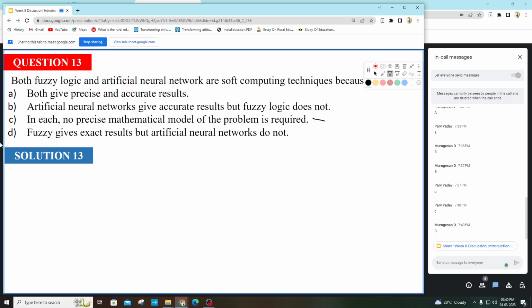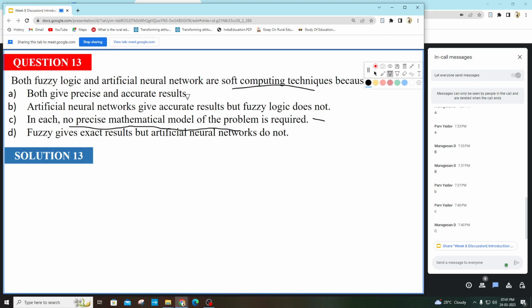Okay, so let me tell you the answer. In the first class, when I discussed soft computing, I told you that in soft computing we do not need precise mathematical modeling of the problem. Let's check option by option. Both give precise and accurate result? Soft computing does not give you precise result.